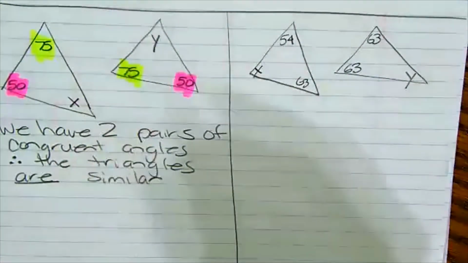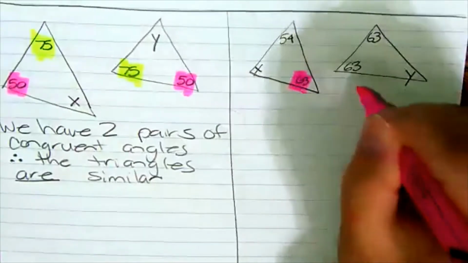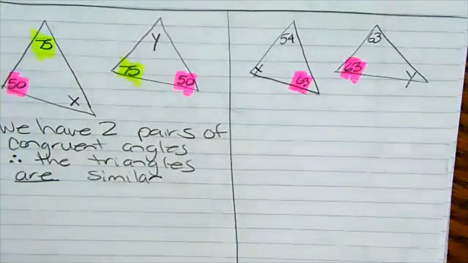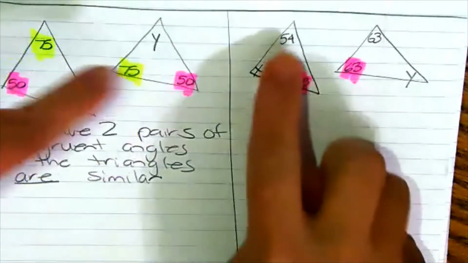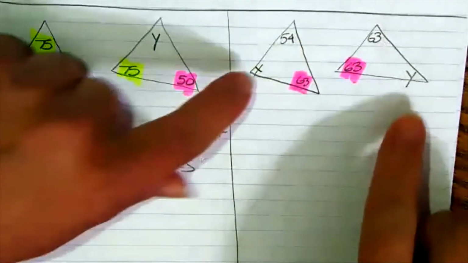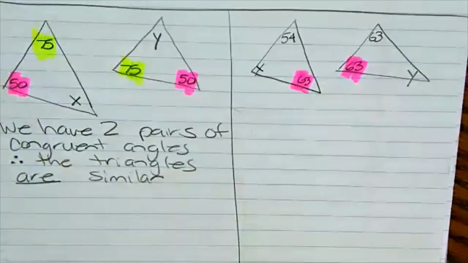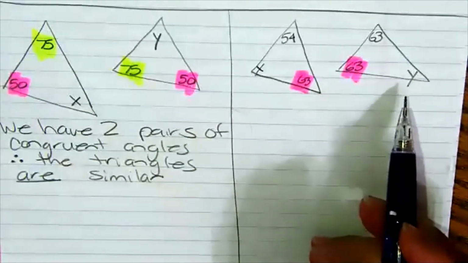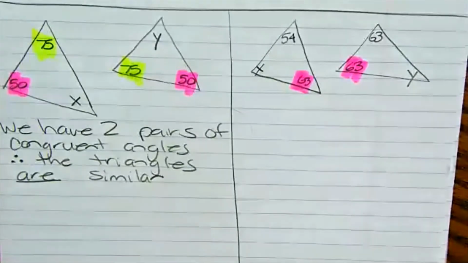Well, I can see that we have one pair of congruent angles, but with 54, 63, x, and y, I need to figure out either x or y.